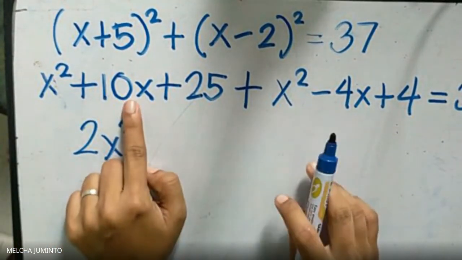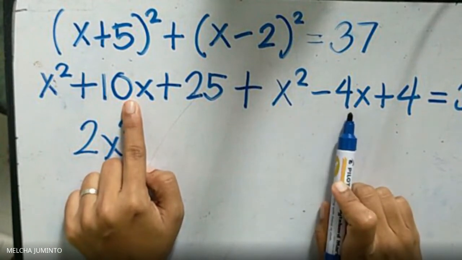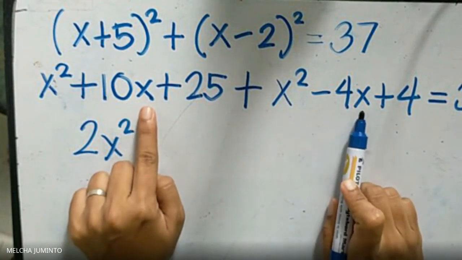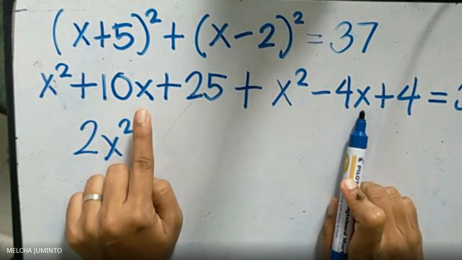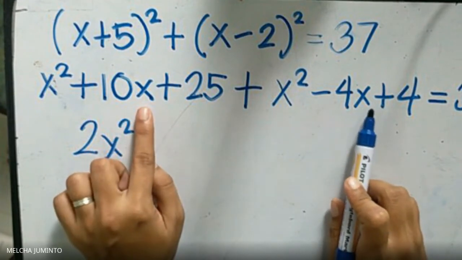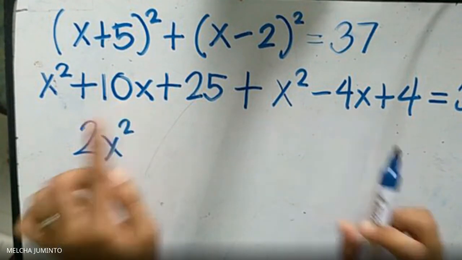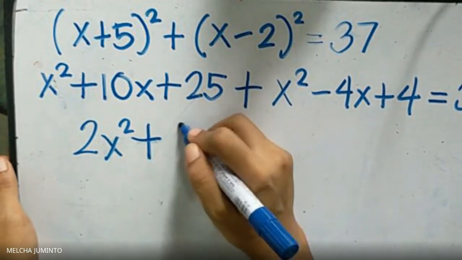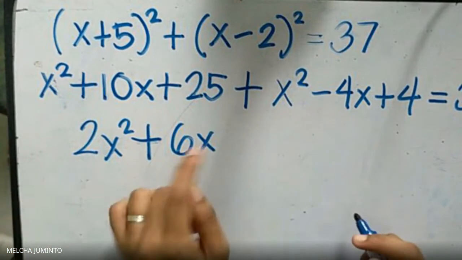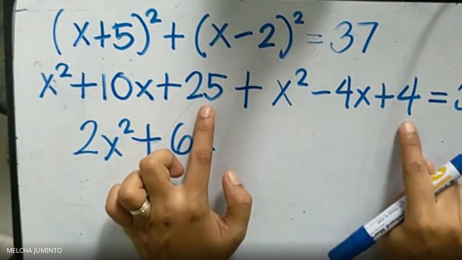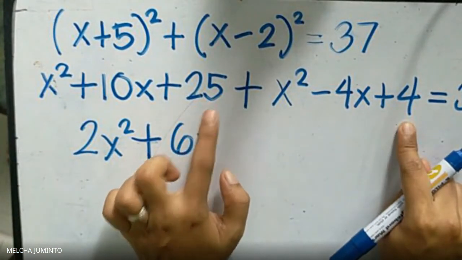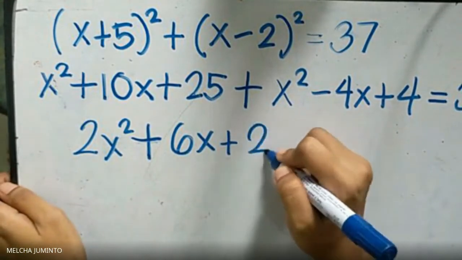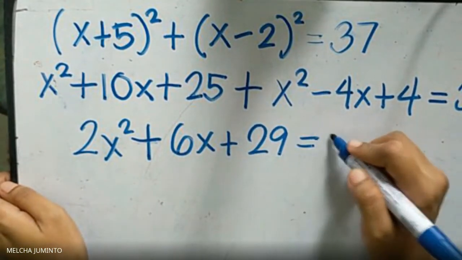Next, the term 10x is similar to negative 4x. When you say similar, both of them contain the same variable x. So 10 minus 4 is 6. So you write positive 6 and copy the variable x. And then 25 and 4 can also be combined by adding: 25 plus 4 is 29, equals 37.